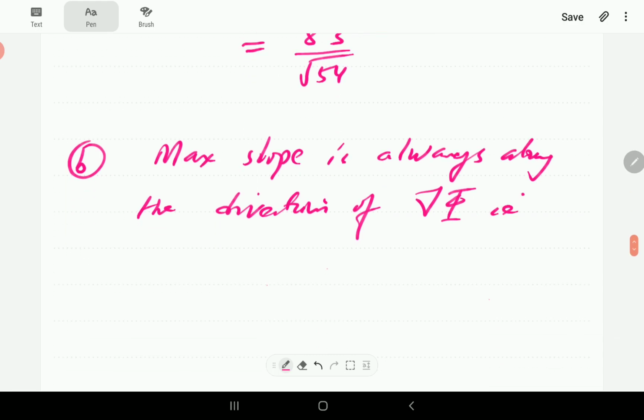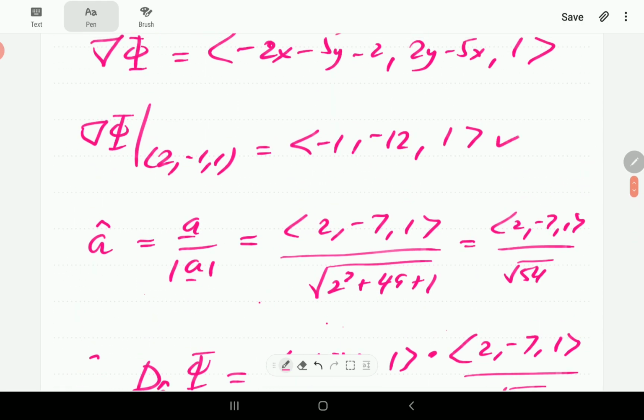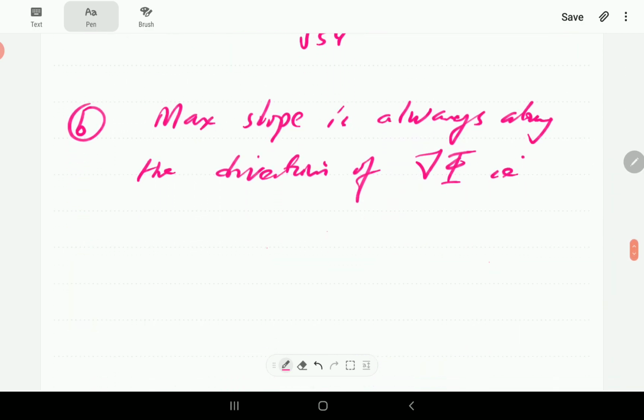So that means in this case it's along the direction of this vector here, which is minus 1, minus 12, 1.